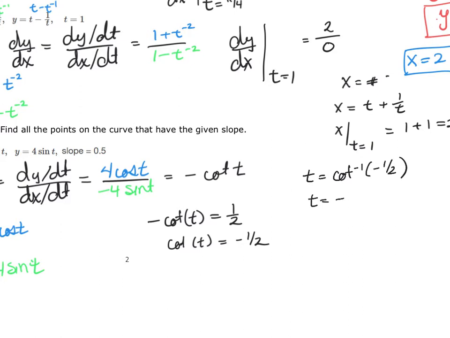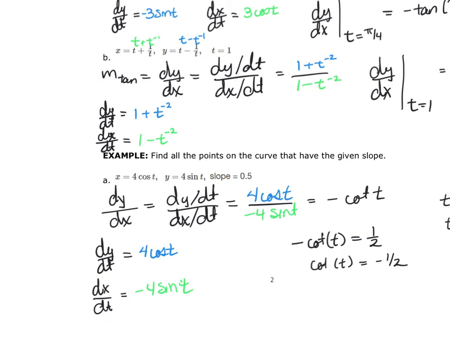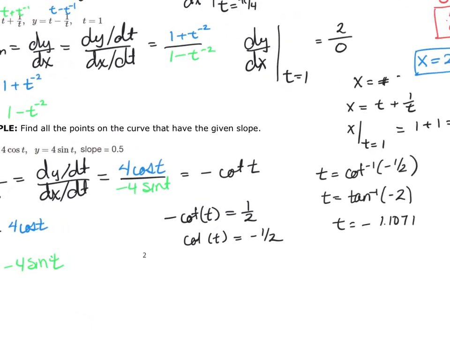So t is equal to the tangent inverse of negative 2. Remember the relationships between tangent and cotangent. Make sure you are in radians on your calculator when you do this, and you get negative 1.107, and we'll go one more digit, 1.1071. This is in radians.